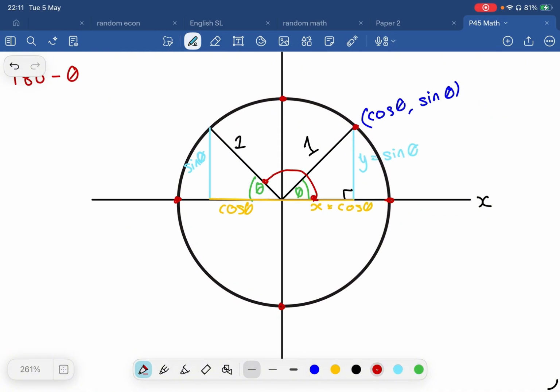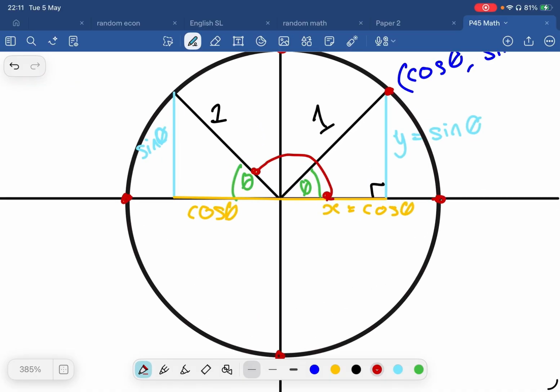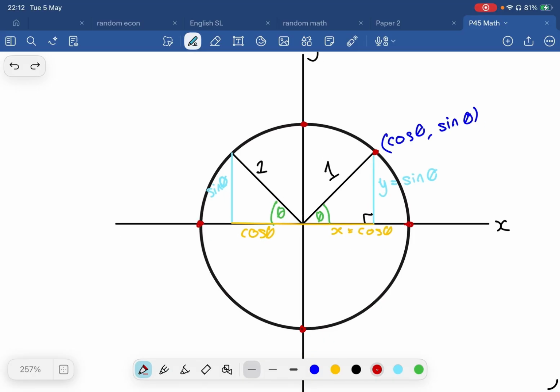The reason for that is you're just taking the full 180 angle and subtracting this theta angle. That's not too difficult. If you understand that, you shouldn't struggle too much with this next part.